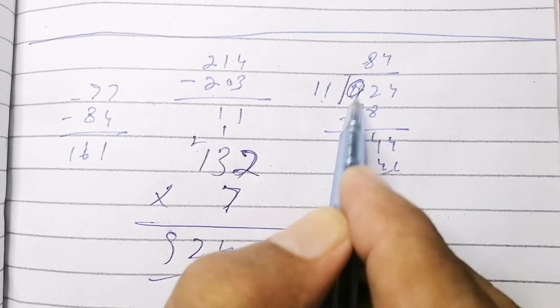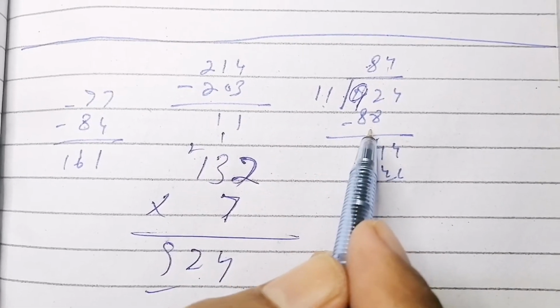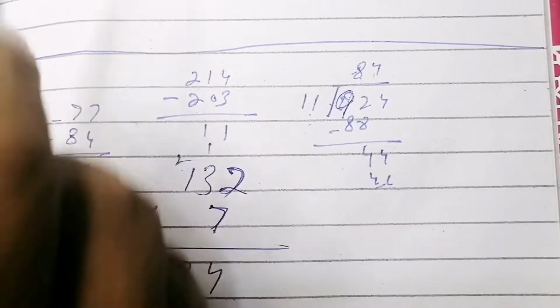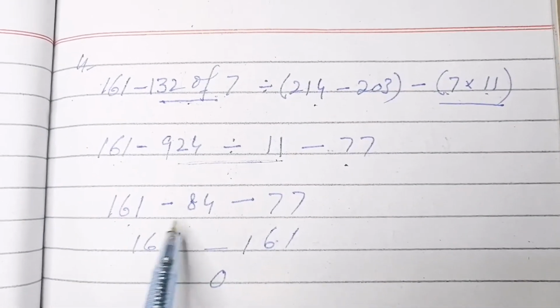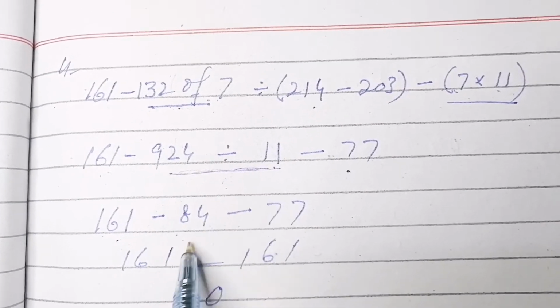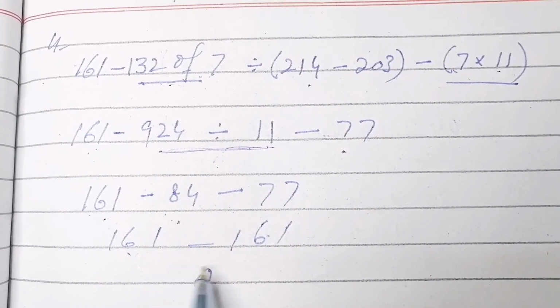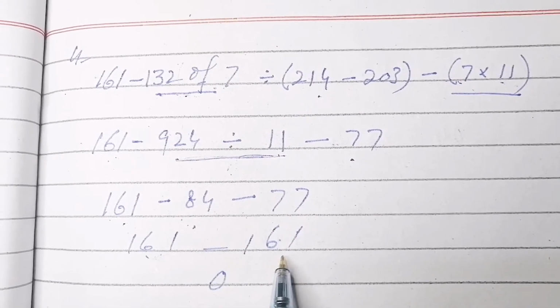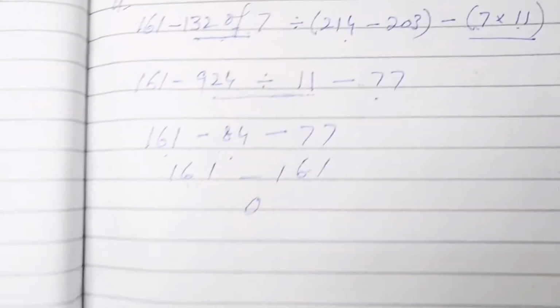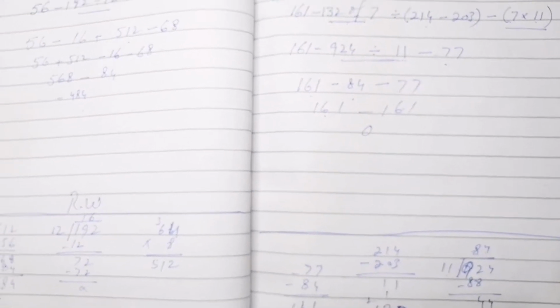You can see 924 divided by 11, so 84 is the answer. We have written here 161 minus 84 by dividing, 84 minus 77, so you get 161 minus 161, they cancel each other and the answer will be 0.